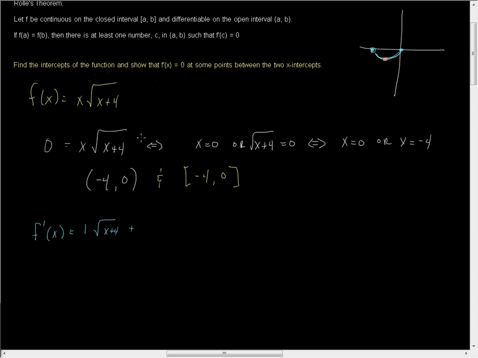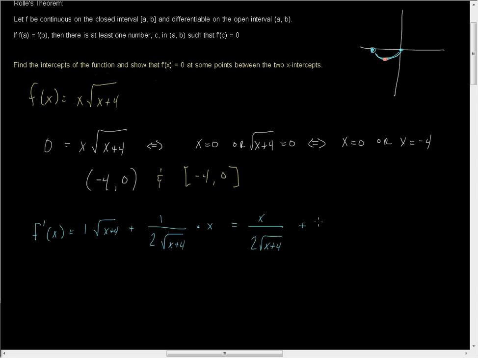Now the derivative of the square root of x plus 4 is 1/2 times x plus 4 raised to the -1/2, which is 1 over 2 root x plus 4, times the first, x.